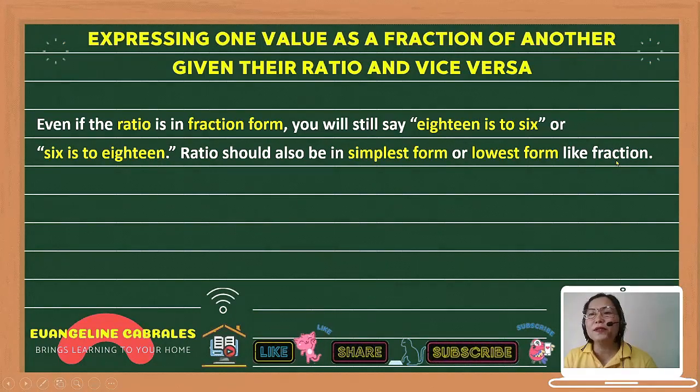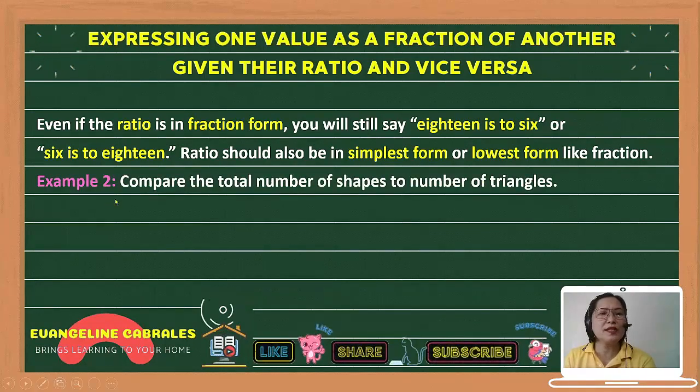And I know, alam na ninyo kung paano magbigay ng lowest form or simplest form dahil napag-aralan na natin yan sa fraction. Paano ngayon? That is by using greatest common factor. Here's the example. Compare the total number of shapes to number of triangles.